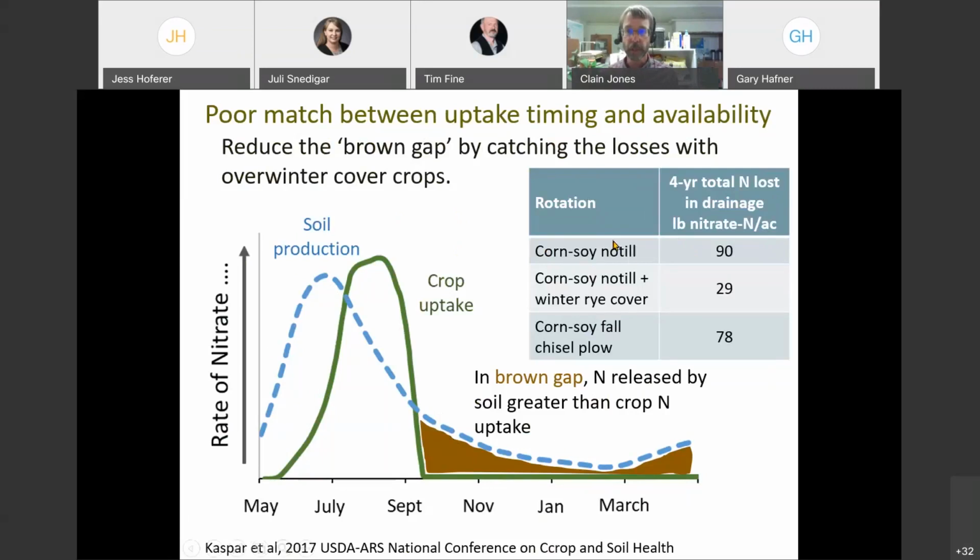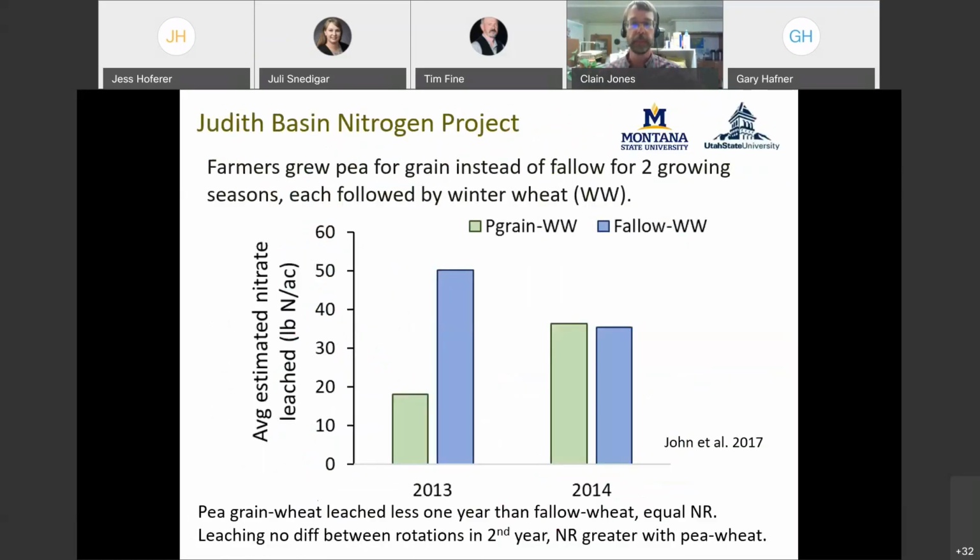So for this corn-soy no-till system, quite a bit was lost, 90 pounds of nitrogen per acre. But when a winter rye cover crop was planted to fill in this brown gap, the nitrate loss dropped to 29 pounds. A similar system where in the fall the field was chisel plowed had similar amounts as no-till. So that winter rye cover really decreased nitrate leaching.